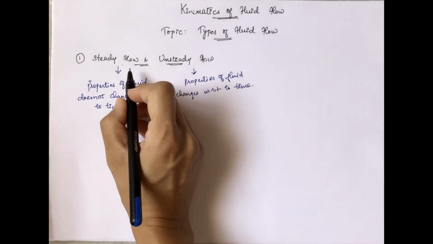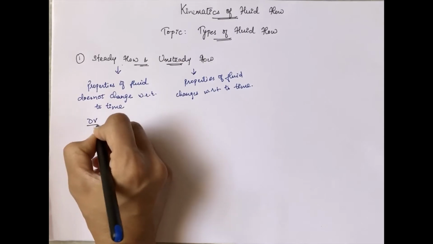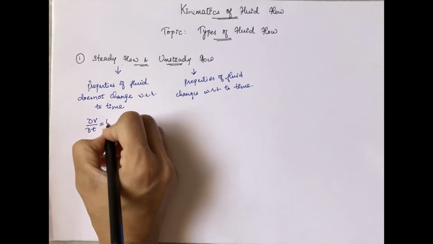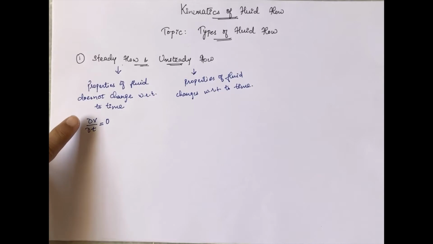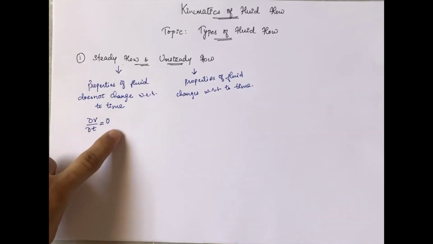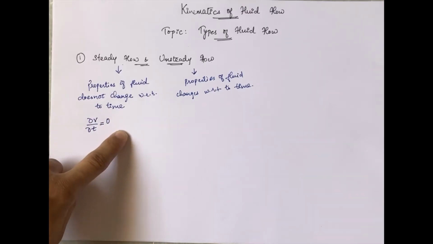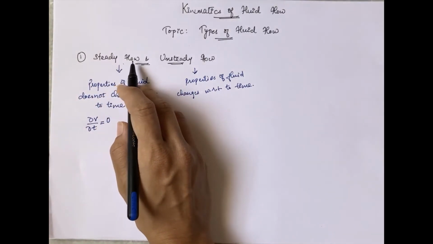Mathematically, this definition can also be written as del V by del T is equal to 0. It means the rate of change of velocity with respect to time is equal to 0. So the change in the velocity is 0, which means it is constant, and hence it is referred to as a steady flow.